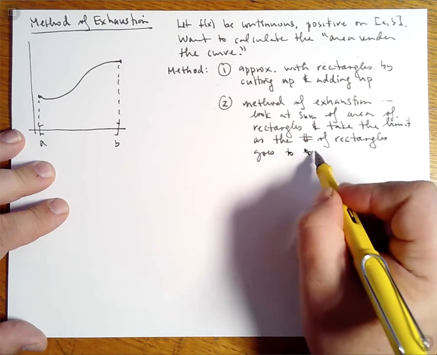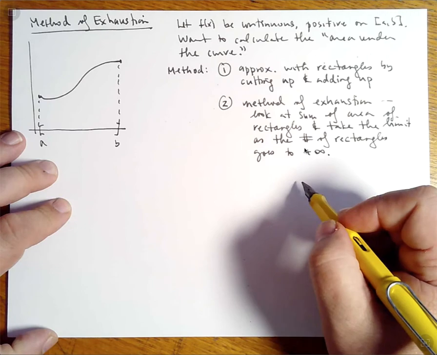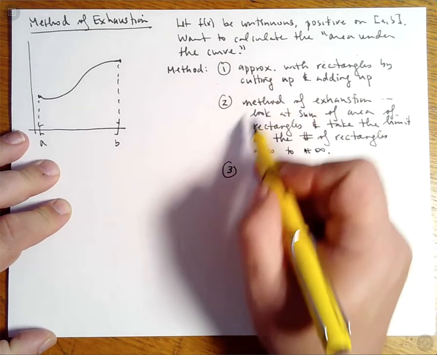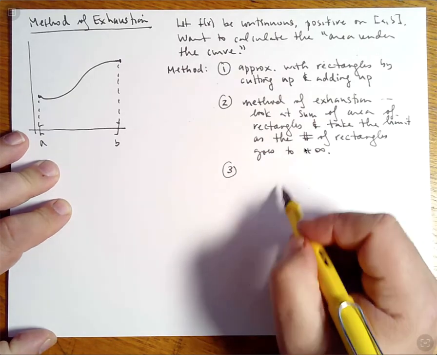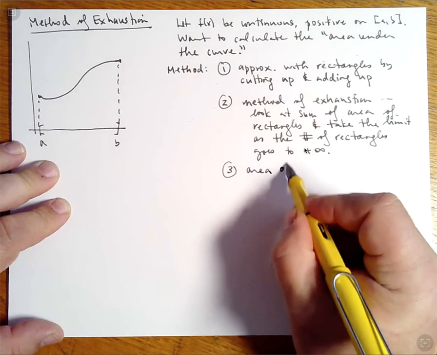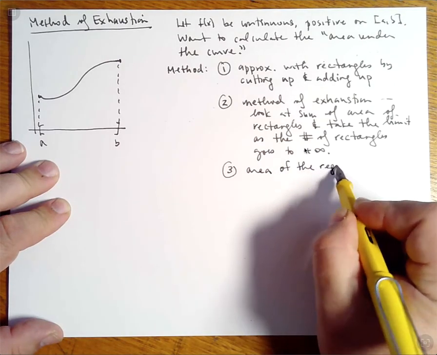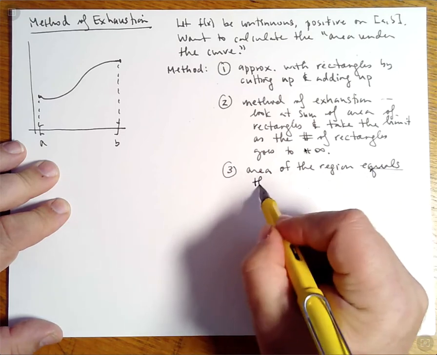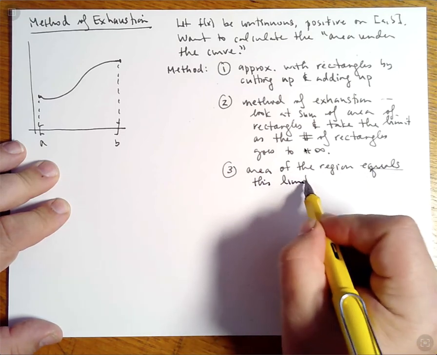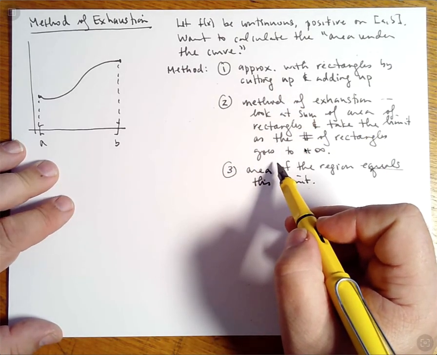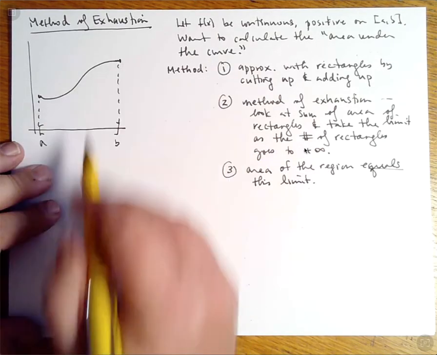That is, it increases without bound. Now, this is what I want to talk about today. The reason that we do this is because what we get is the exact area of this region. So the method of exhaustion is a crucial step in solving the area problem, finding the area under a curve.